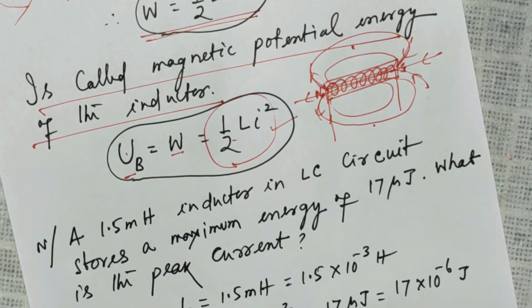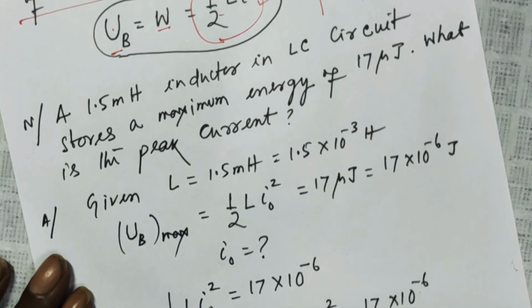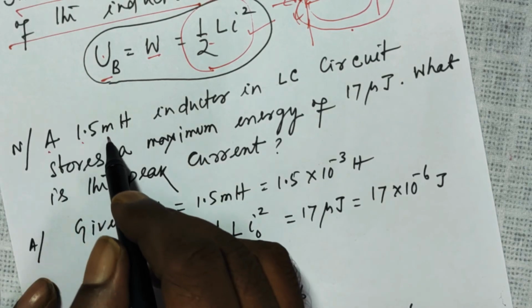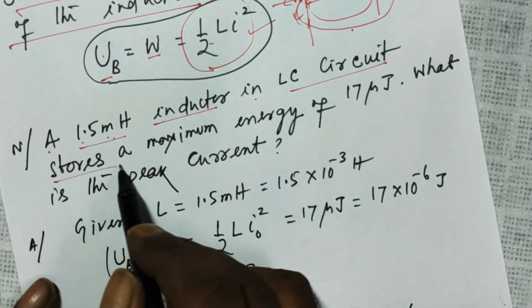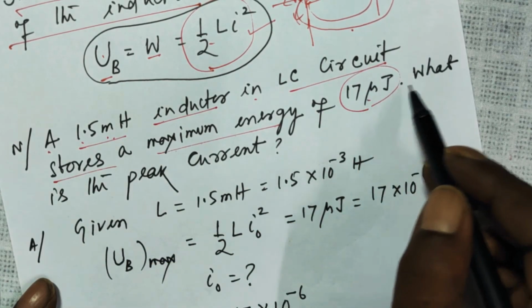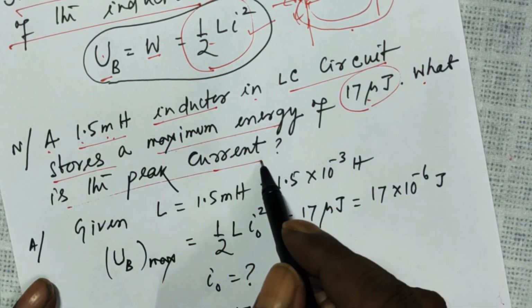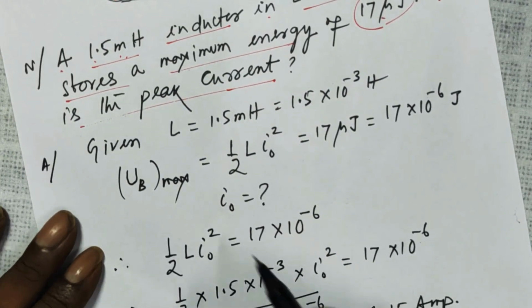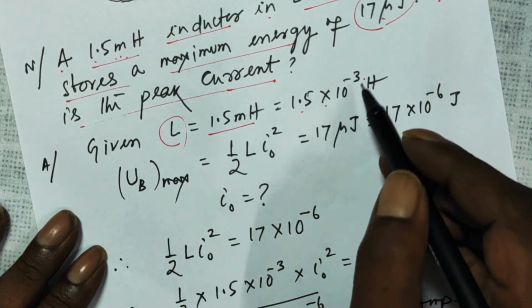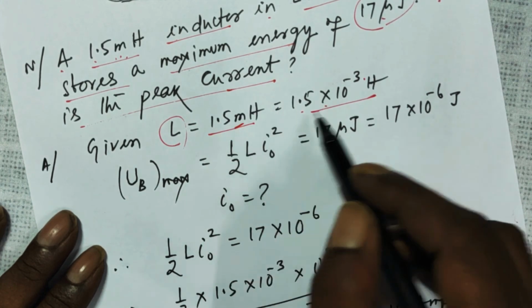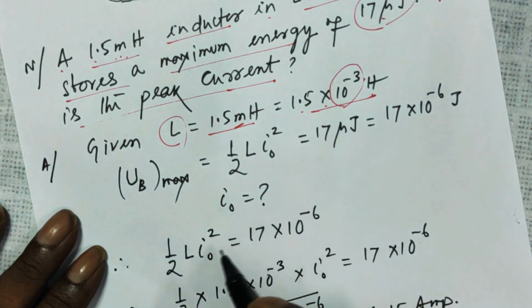Okay. Now, coming back to a small numerical: a 1.5 millihenry inductor in an LC circuit stores a maximum energy of 17 microjoule. What is the peak current? So what is given? L is given, 1.5 into 10 to the power minus 3 Henry. To convert milli to Henry, I have to multiply this.